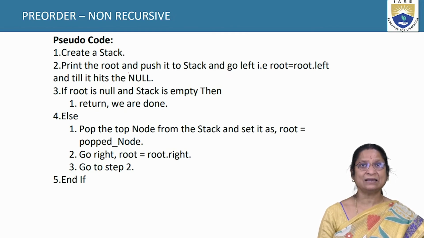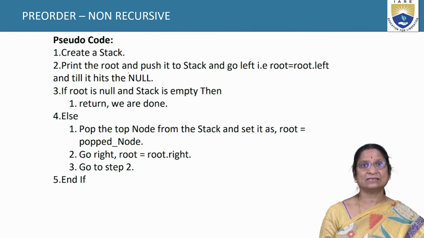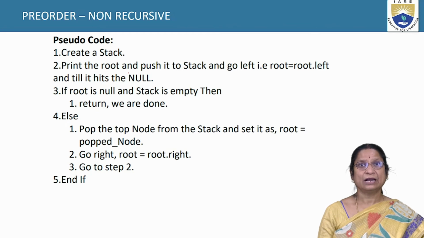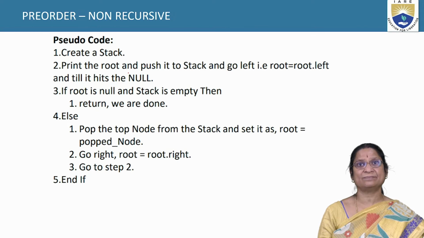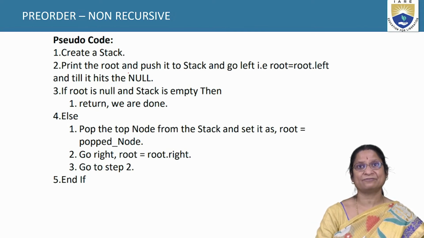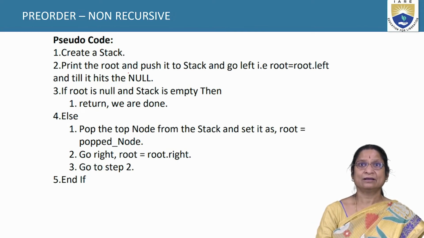If the root is null, then we have to pop from the stack and process it, doing the same process as in case of 2. And these two steps are going to be repeated. Else, if the root is null as well as the stack is empty, it means there are no further nodes to be traversed, and we can return.